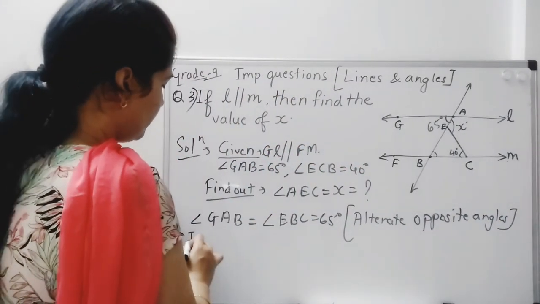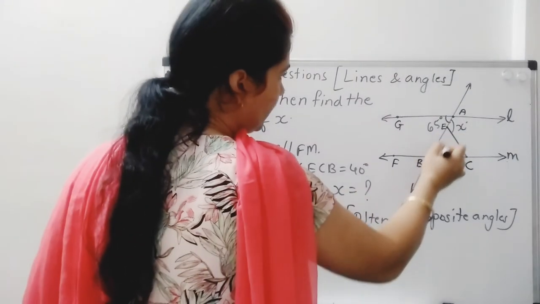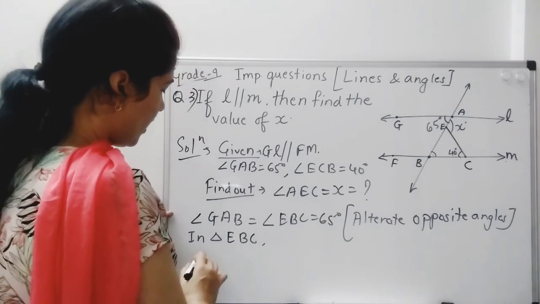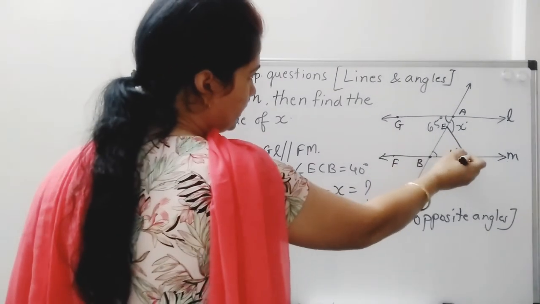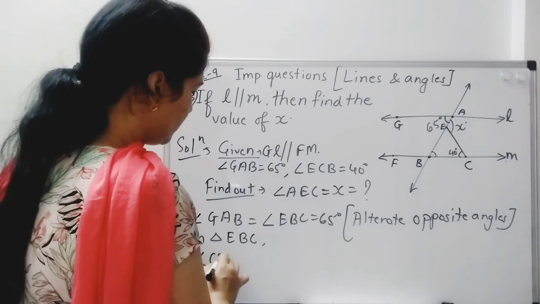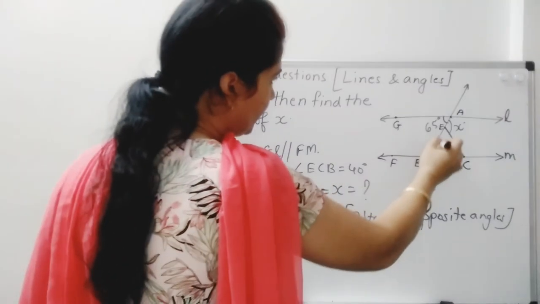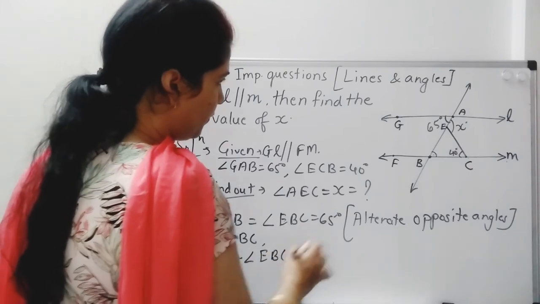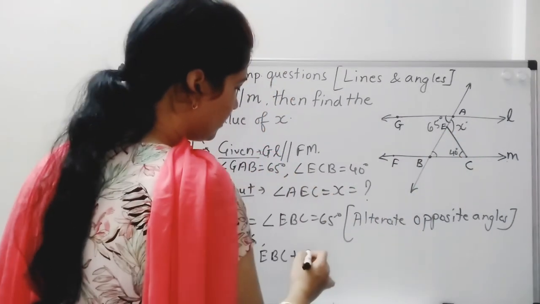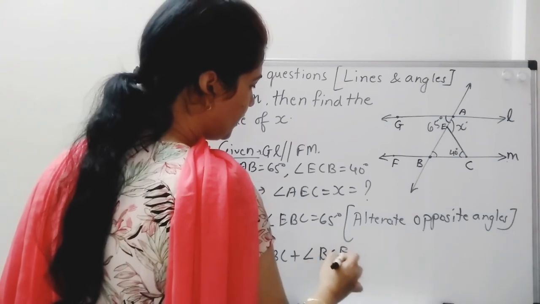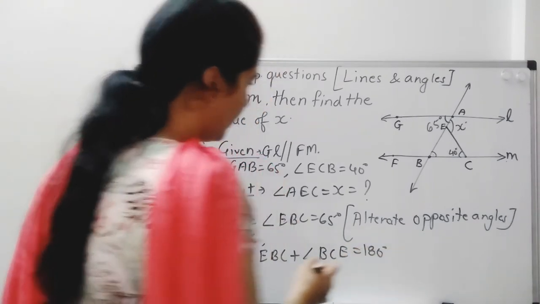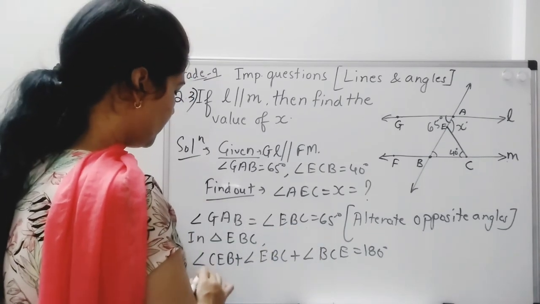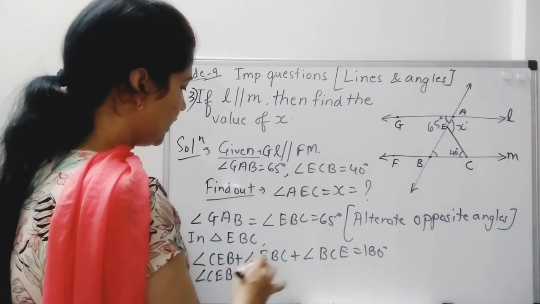Now in triangle EBC we can say angle CEB plus angle EBC plus angle BCE is equal to 180. Okay, now here as we know EBC is equal to 65, CEB we have to find out. I will write it as it is.